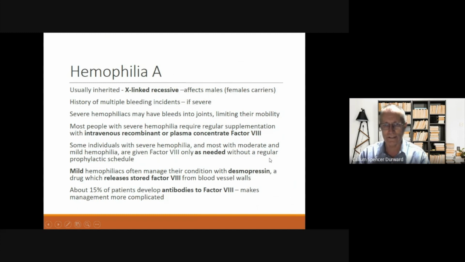Mild hemophiliacs often manage their condition with desmopressin, a drug which releases stored factor VIII from blood vessel walls. It's important to note that about 15% of patients with hemophilia develop antibodies to factor VIII, and this makes their management more difficult.